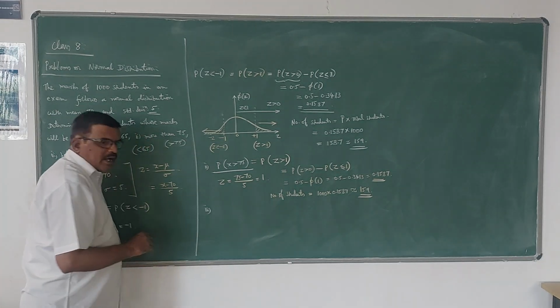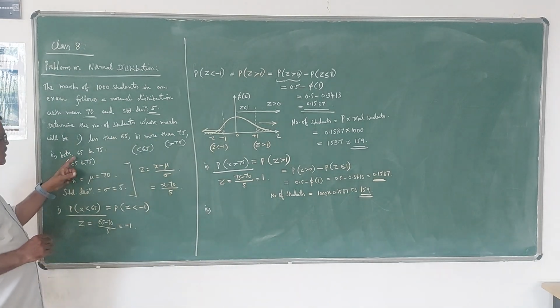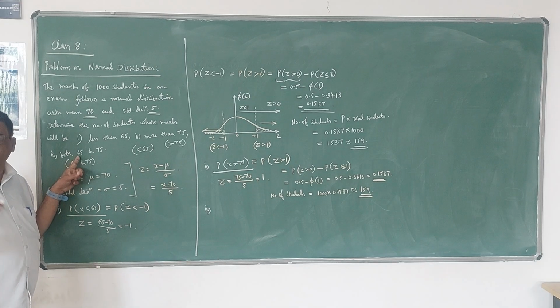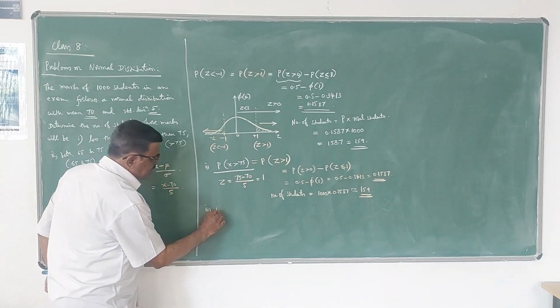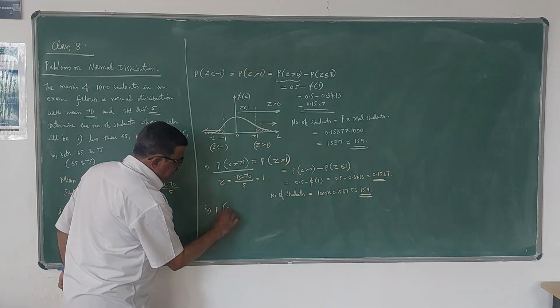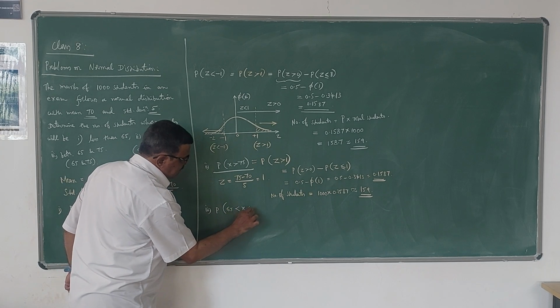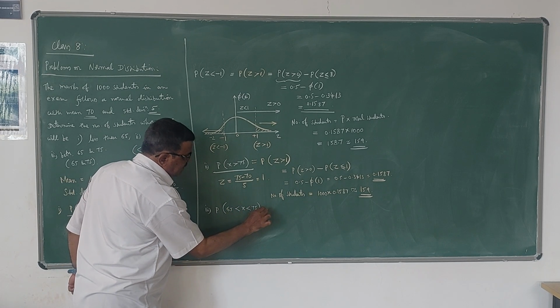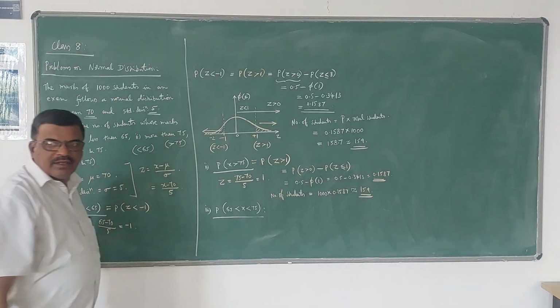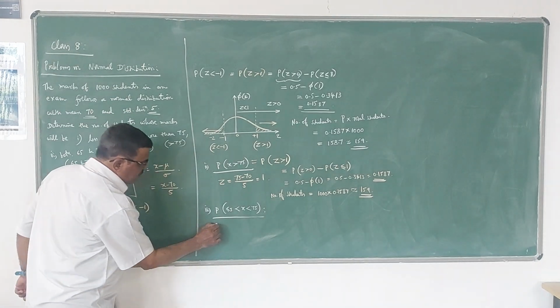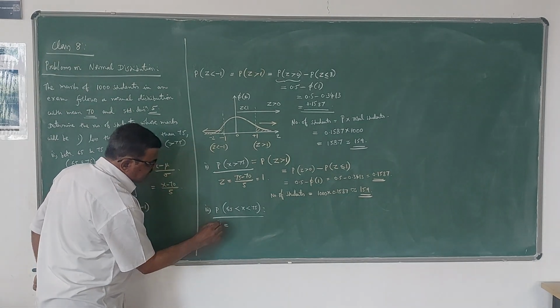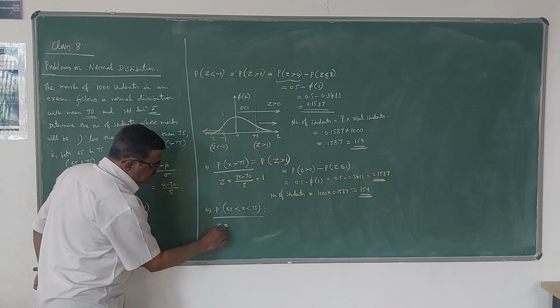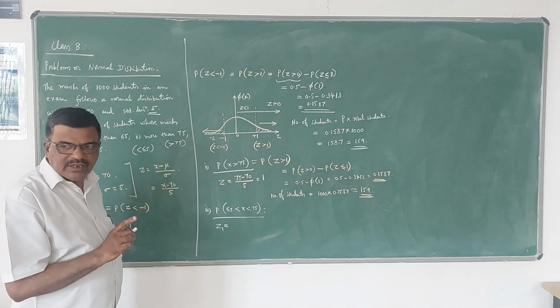how many students score marks between 65 and 75? That is the probability of 65 less than x less than 75. Here also let us find z. If x is 65, I take it as z1.